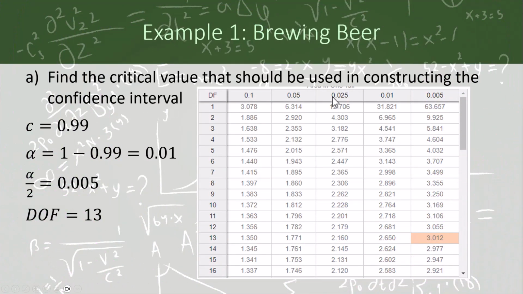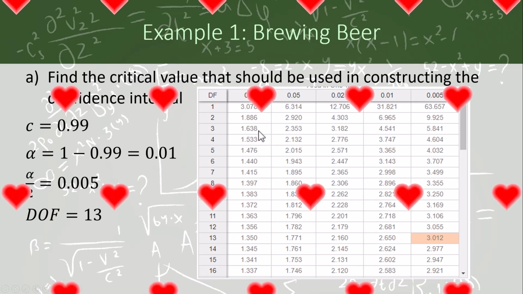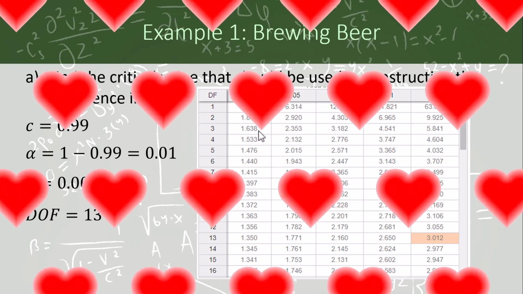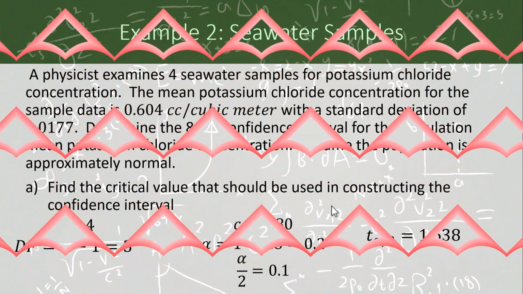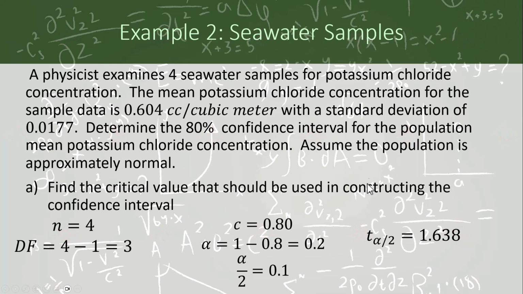Okay, 3 degrees of freedom, 0.1. That gives me 1.638, which is exactly what we have here.